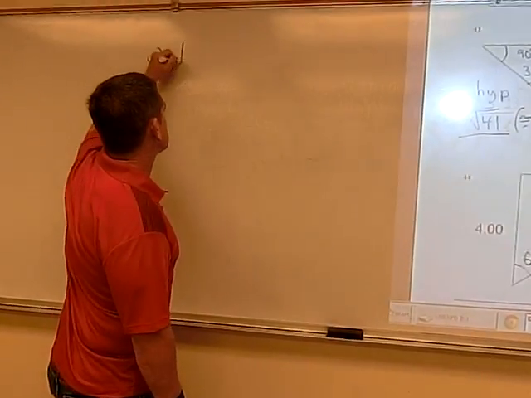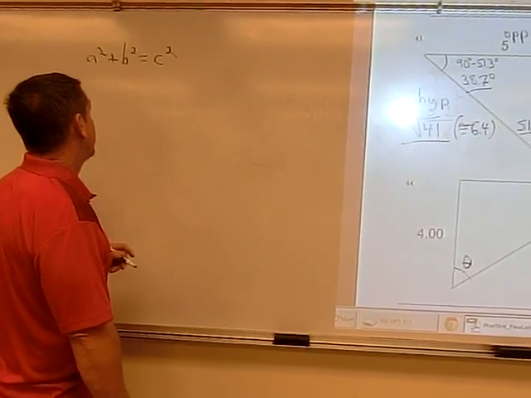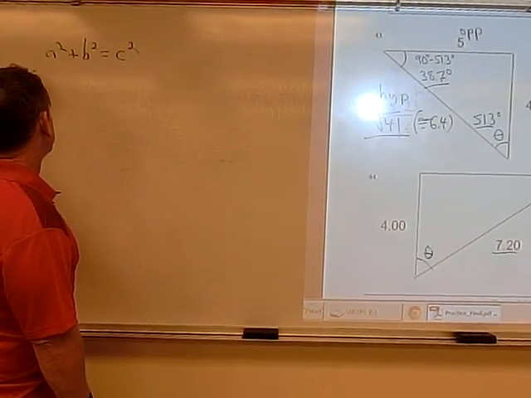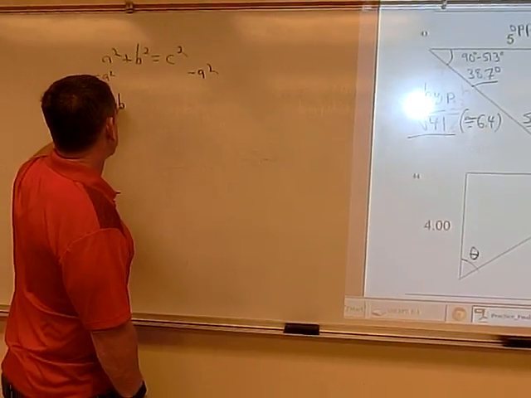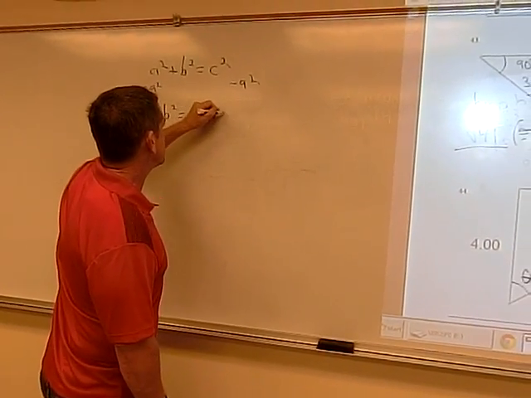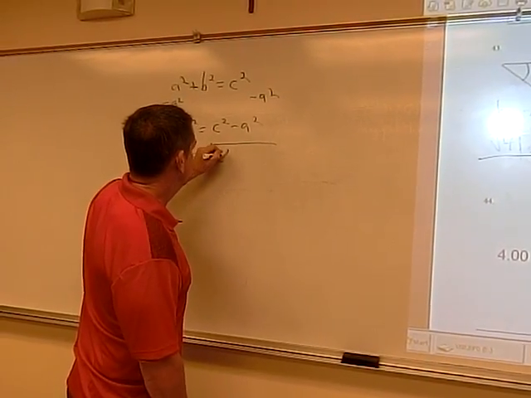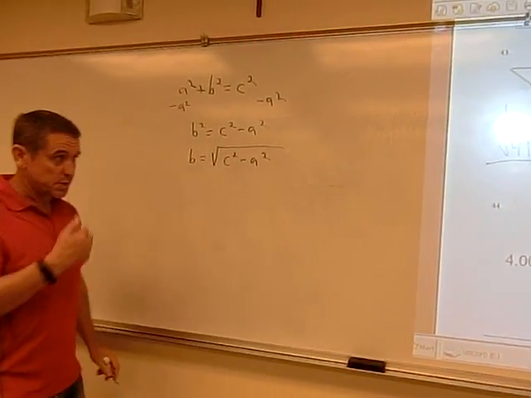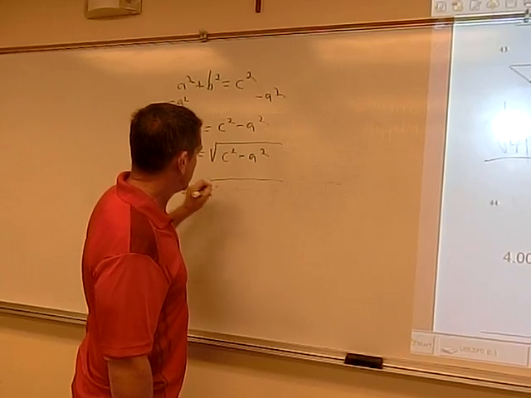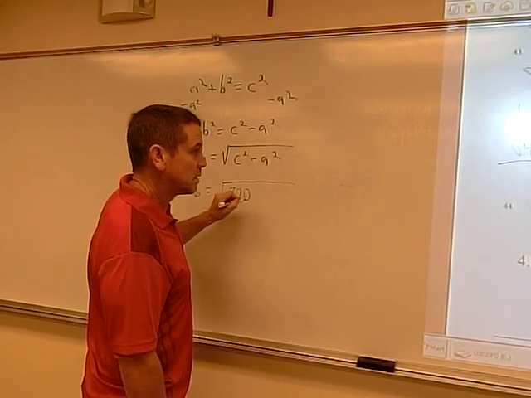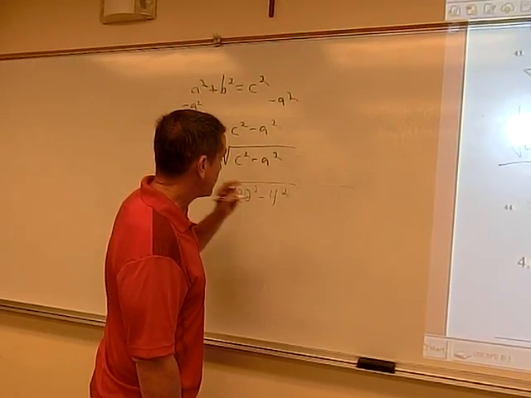Okay, so we got a squared plus b squared is equal to c squared. We got the c. We'll call that guy the a. So let's try to get the b. To get the b, we got to subtract a squared from both sides. And so we get b squared equals c squared minus a squared. Therefore, b is equal to the square root of c squared minus a squared, which in this case is the square root of 7.2 squared minus 4 squared.